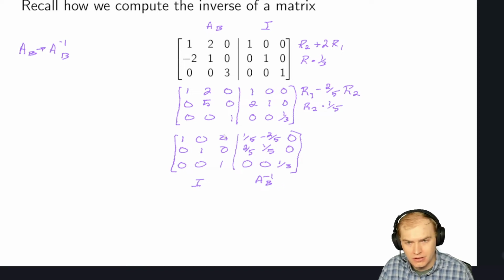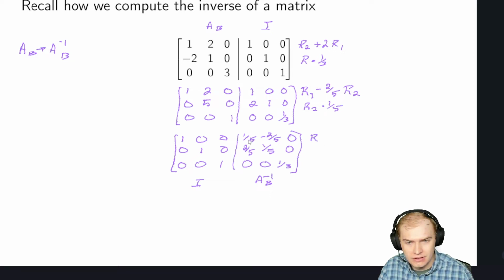So this inverse matrix can be re-expressed in terms of row operations.